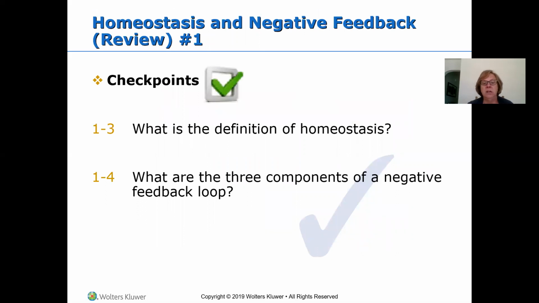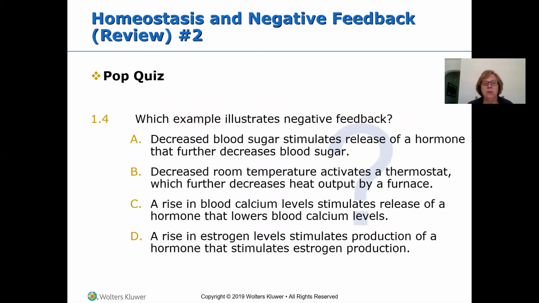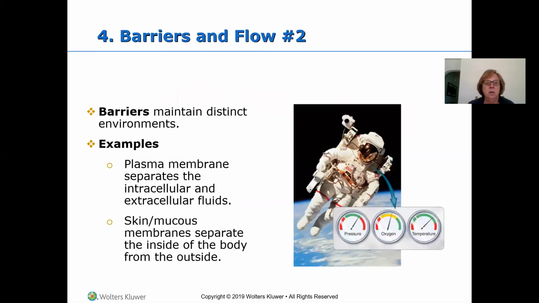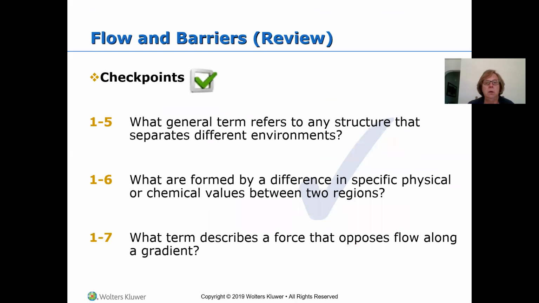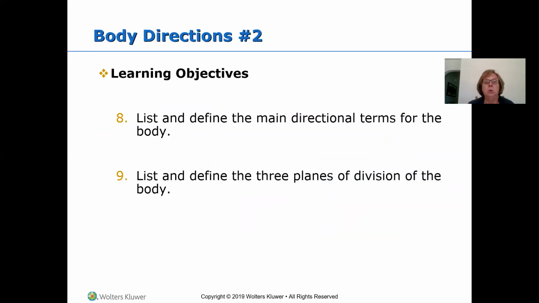So here, look at the definition for homeostasis and what the three components are. Because I'm not concentrating on this, I'm going to skip through the pop quizzes and the flows and barriers, and we're going to move on to body direction.